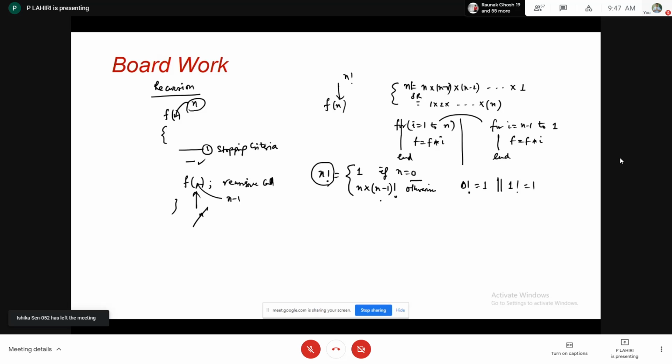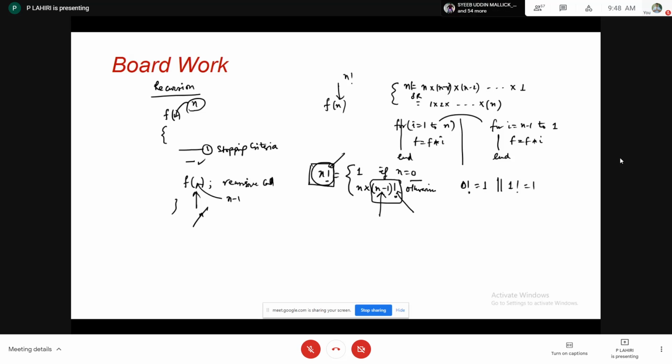In this part you see that in terms of the notation, factorial of n is there, and factorial of n minus 1 is also present. So the factorial notation is there on both sides. This implies that factorial is expressed, or is called, in terms of itself, but with a smaller input.